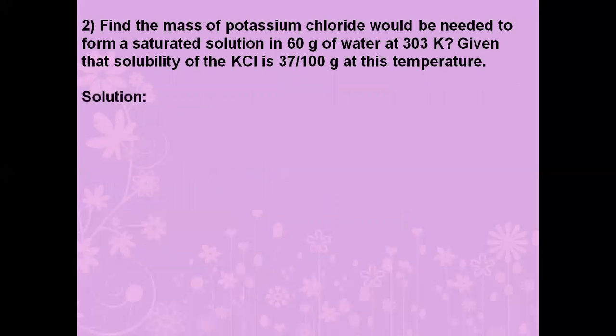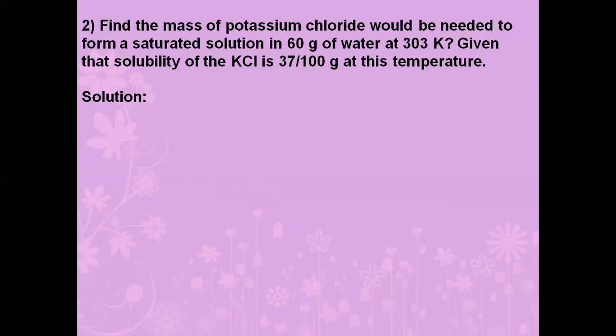This is the question: find the mass of potassium chloride that would be needed to form a saturated solution in 60 gram of water at 303 Kelvin. Given the solubility of potassium chloride is 37 per 100 gram at this temperature.